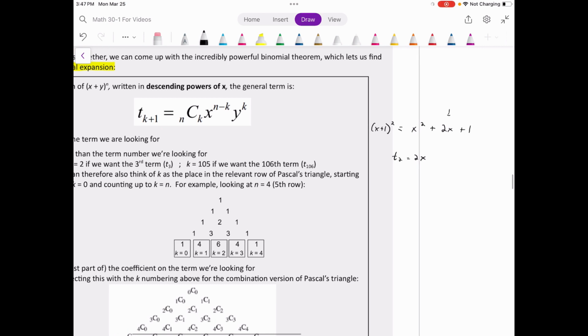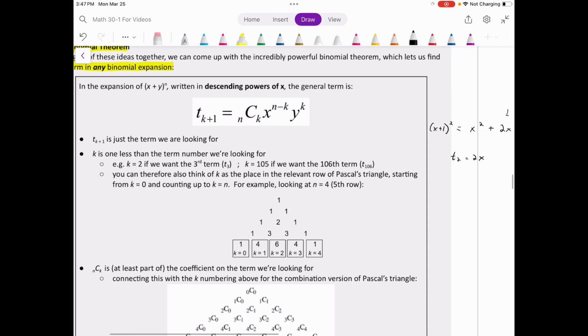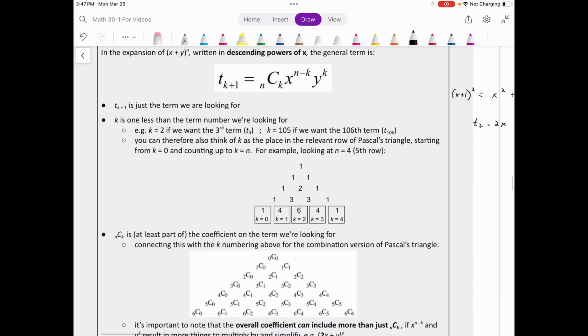For example here, t2 would be 2x. That's the second term of that binomial expansion. What is k? k is 1 less than the term number we're looking for. So for example, if we want the third term, t3, then our k value is 2. If we want the 106th term, k is 105, okay?